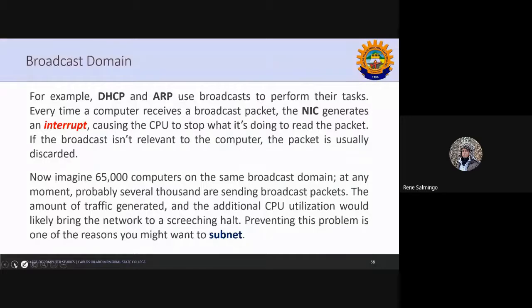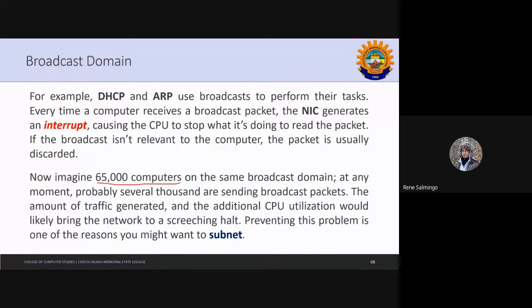Now we could imagine if we have, for example, 6,500 computers. What class can handle this number? What class of IP address are we expecting, in terms of hosts per network? We have class A, class B. But class B is limited.